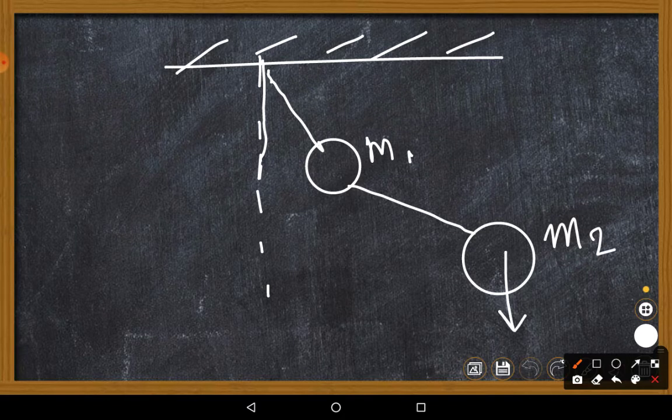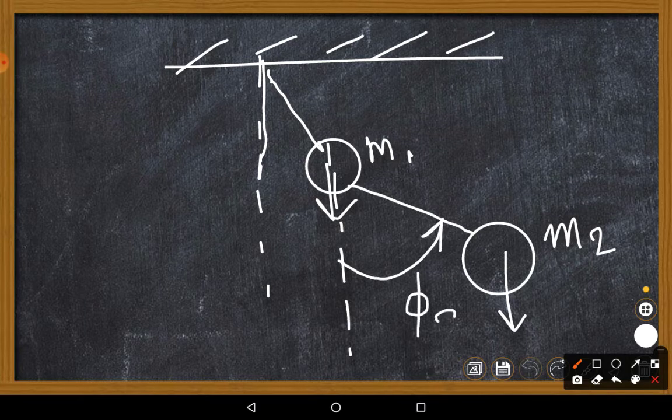Gravity acts downwards on both. Anyway, we are not concerned about forces, but now let me draw the perpendicular. So you can take this angle as a coordinate phi 2. Let us name the other angle phi 1.